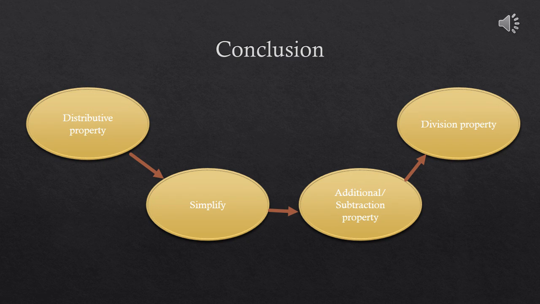Next, we search for like terms in different sides. And this is where we need the subtraction and addition property. In the end, you just need to get rid of the constant that is multiplied by the variable x, for example. Here we just need to divide by the constant for both sides, using what we call the division property.